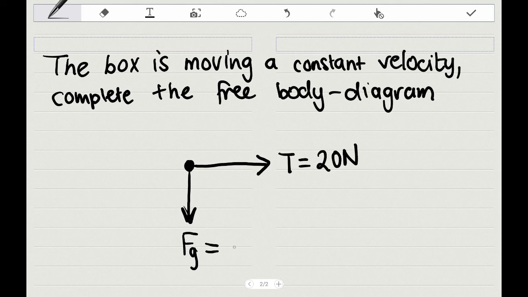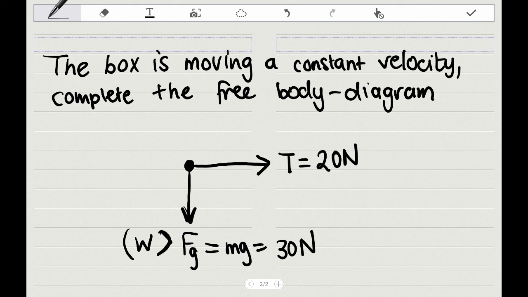And the gravitational force is m times g, but in this case, they just gave it to us as 30 newtons. Another notation for Fg, if they use it in your textbook, it's fine, is W, the weight. So whether you label it W or you label it Fg, it's the same thing.